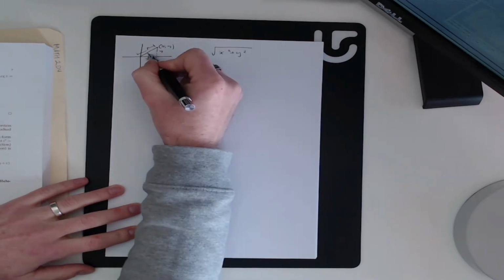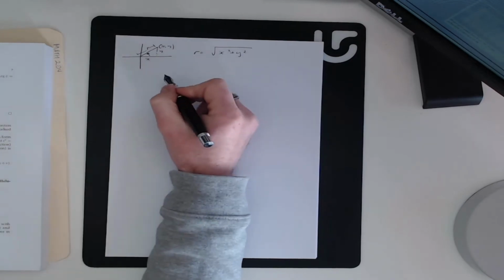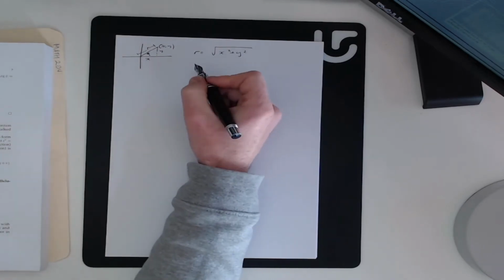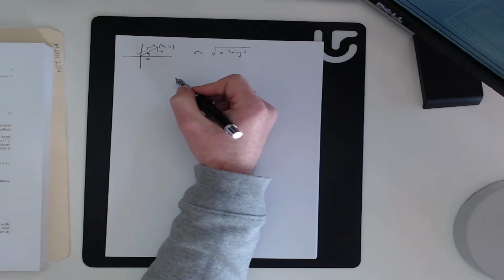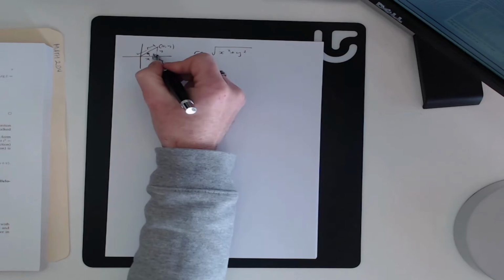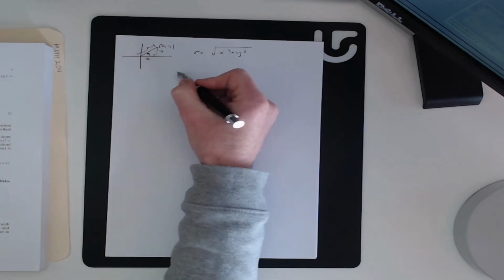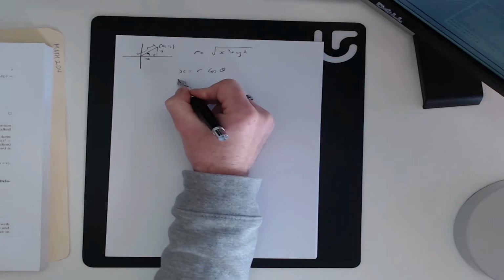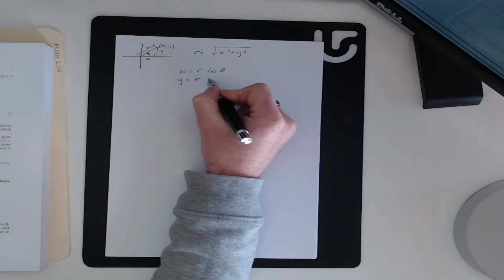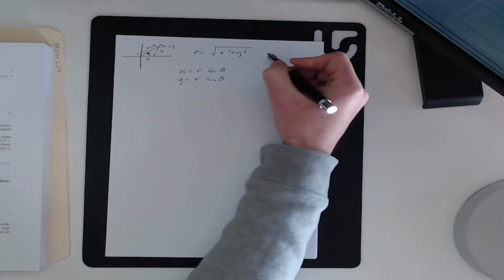And you want to know this angle here. What we know from trig identities, because this is a right angle triangle, is that x equals r cos theta and y equals r sine theta.